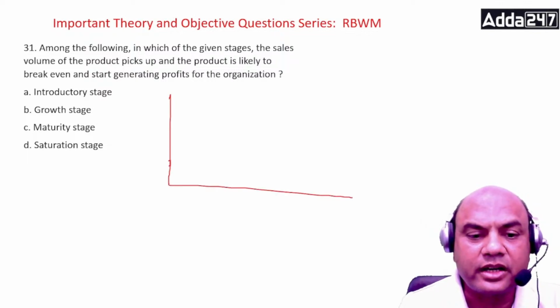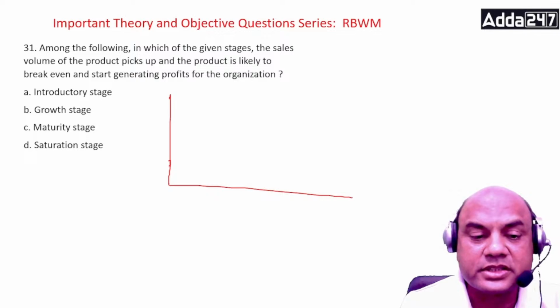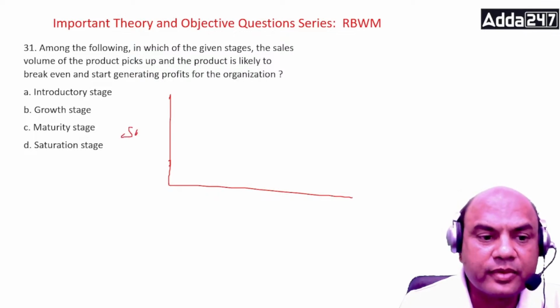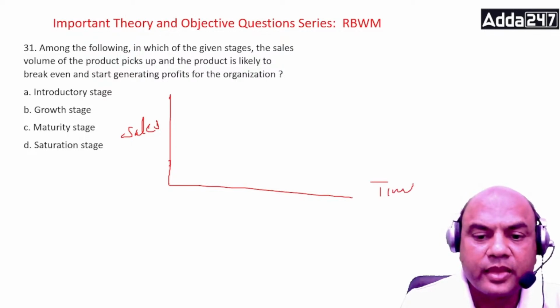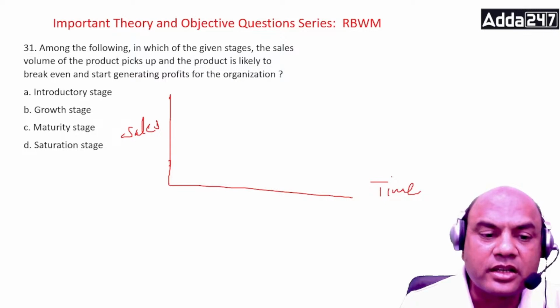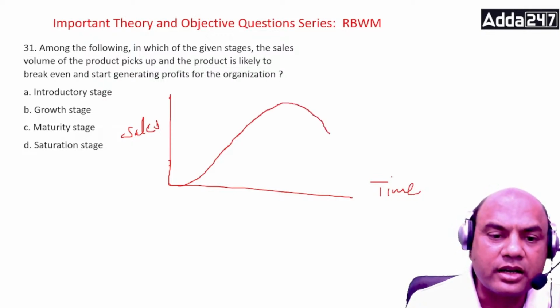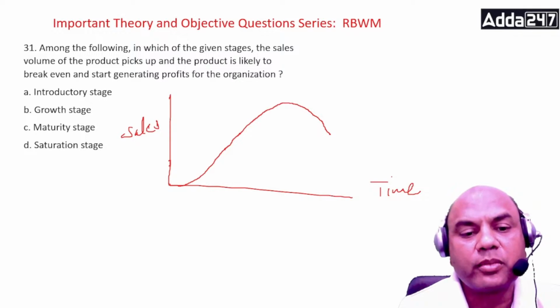This is PLC, right? This is the sales, and this is the time. This is time on x-axis, sales on y-axis. This goes like this. This introduction, then growth, then maturity, then decline, right? This is a product life cycle.